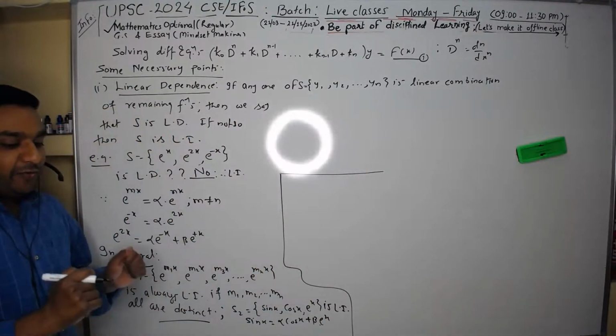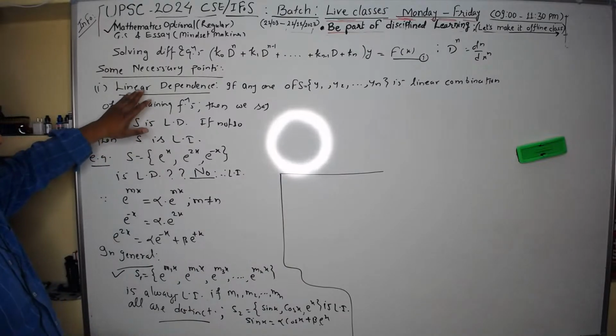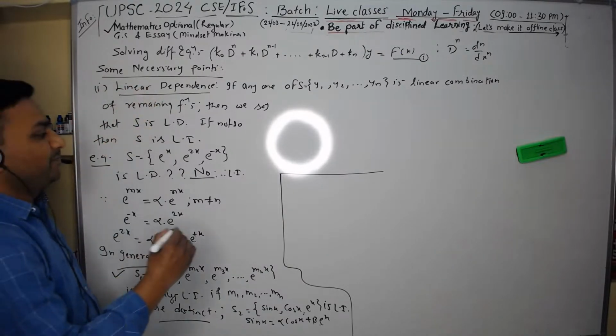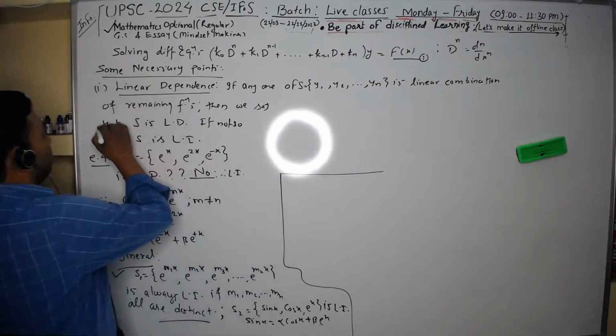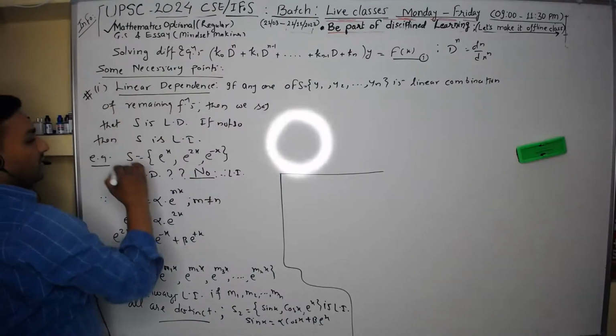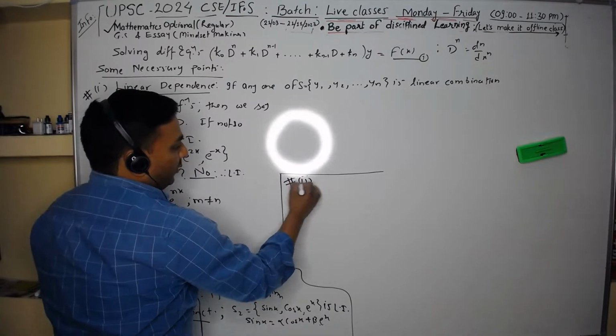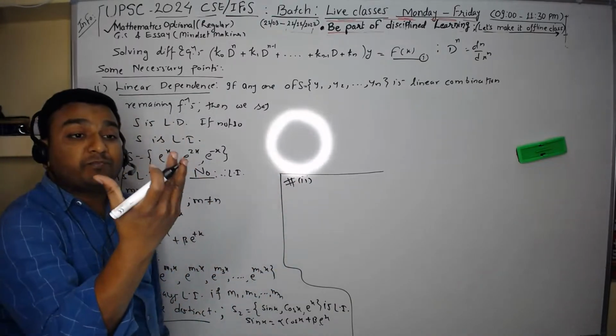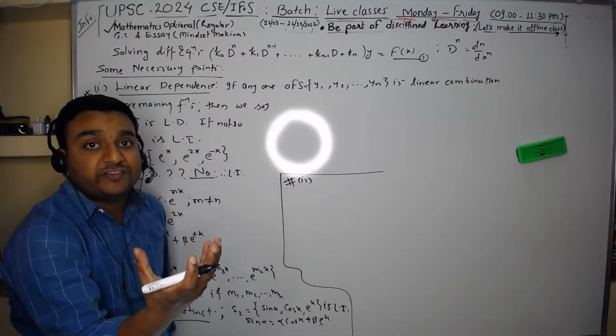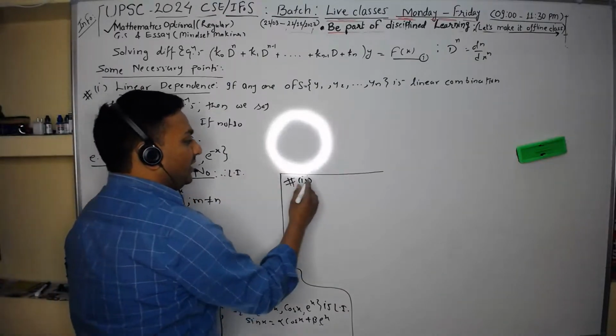Now, why am I starting the topic from here? Please write. This is the first point in the necessary information. Second point, and that is the backbone of this chapter. What is that? Please write.